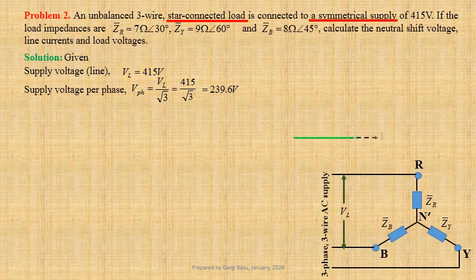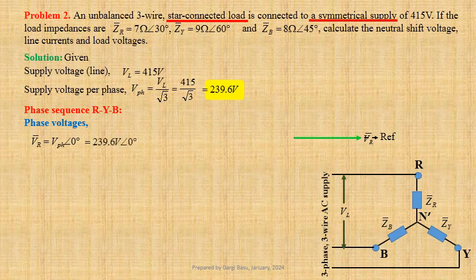Taking R phase voltage VR as reference, for phase sequence RYB we can write phase voltage VR equals V phase at an angle 0 degree, that is equal to 239.6 volt at an angle 0 degree.